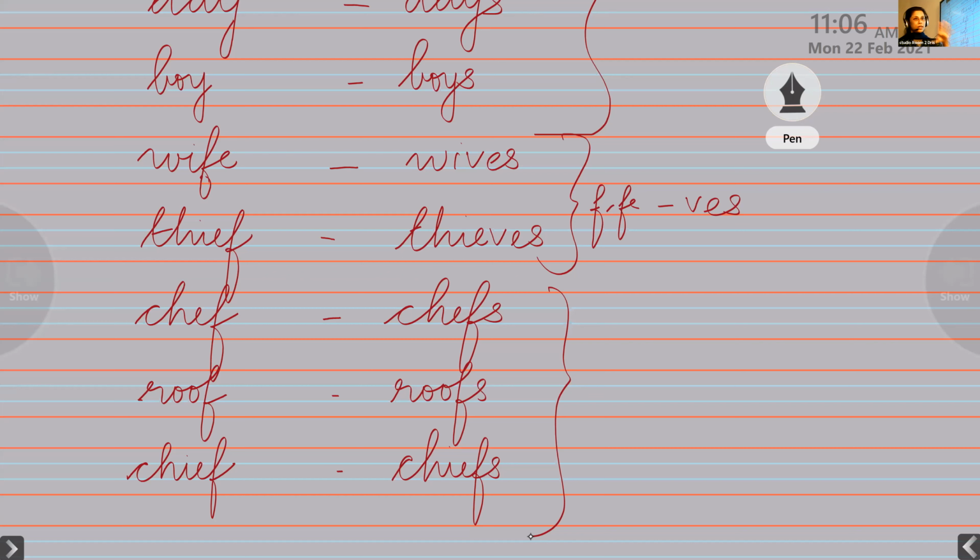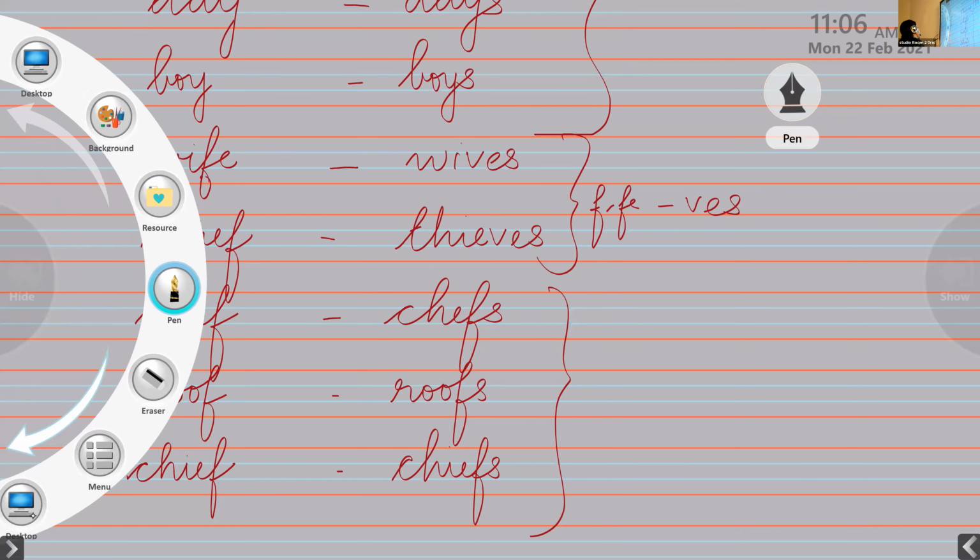Notes in the sense, I've sent something to you on WhatsApp. I told you not to write, but see that you have a look at all the rules. The rules are also given in your workbook. Please go through the rules given there. Okay then. Now this rule is over. Now let's move on to the next rule.